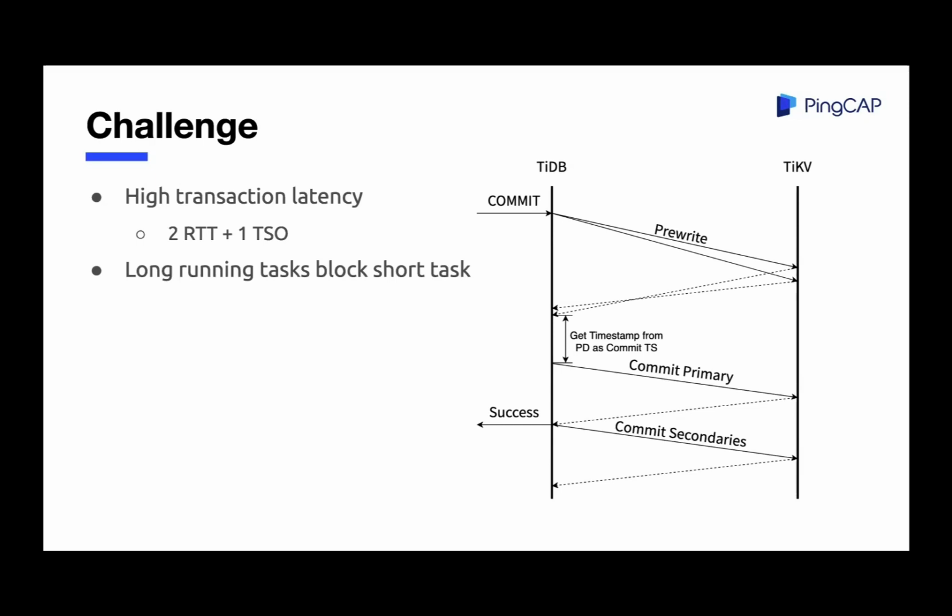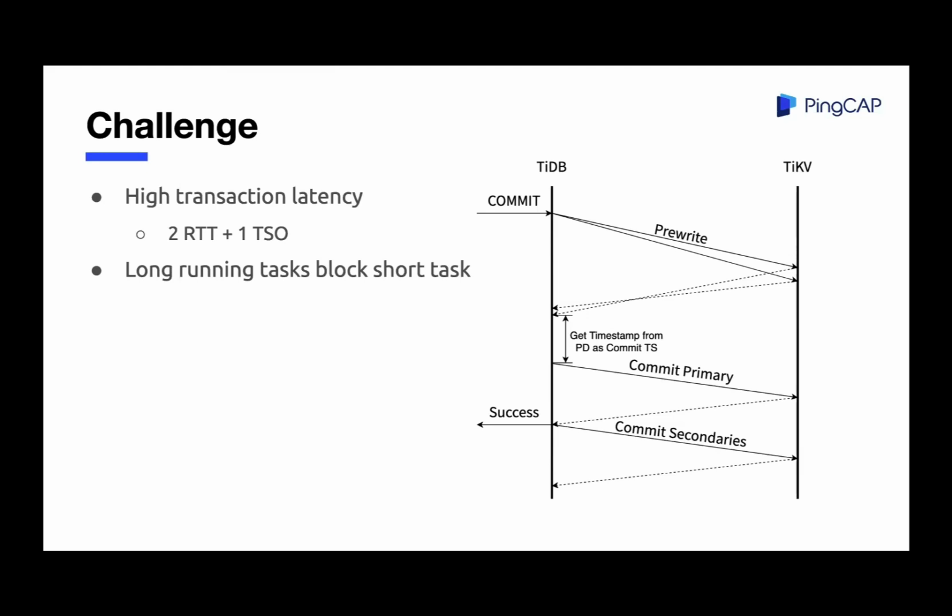After all the keys are written, we choose an arbitrary key as the primary key. Commit the primary key. If the primary key is committed successfully, then we consider the transaction a success, so it will return once to the client. All secondary keys will be committed asynchronously.